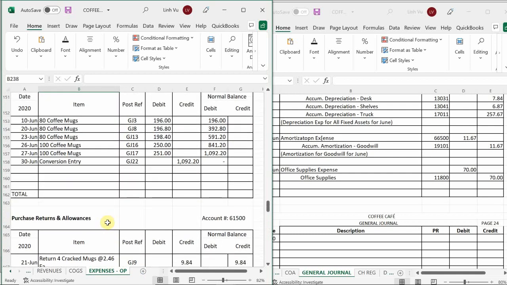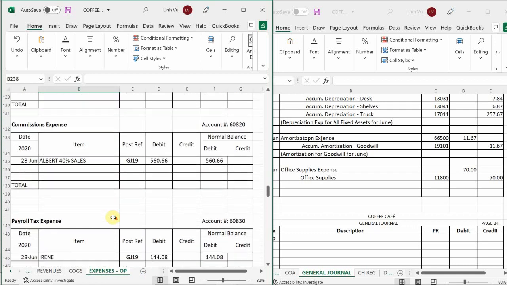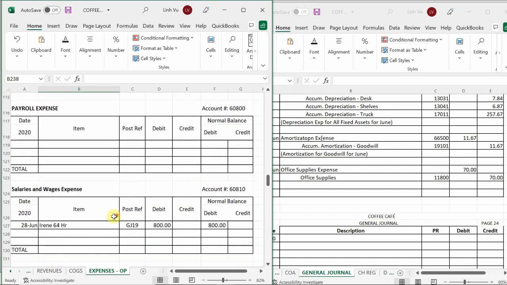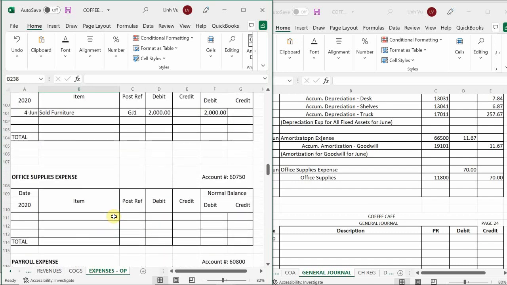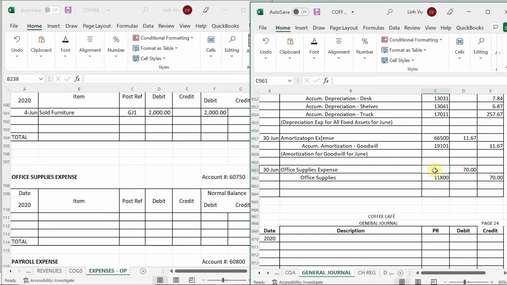It's going to be in alphabetical order. Here you go. Office supplies expense, account number 6750, for $70.